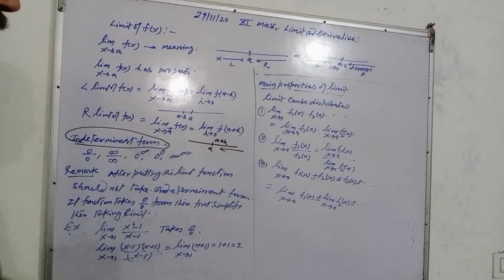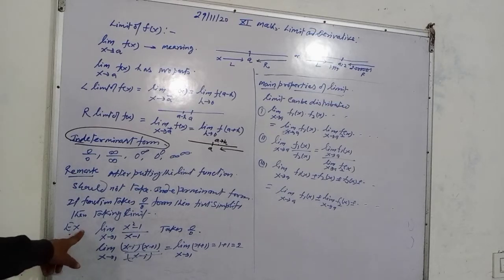These are indeterminate, meaning the value cannot be determined. If the function takes such a form, first you have to simplify the function, then take the limit.